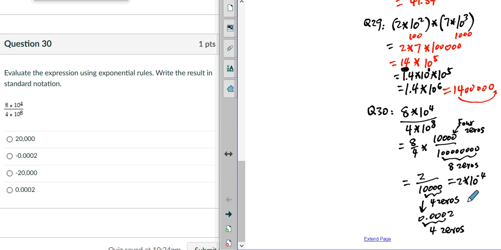Okay? And then you know this will be basically shift 4 decimal places to the left. Or this negative 4 tells you there are 4 zeros before 2, including the zero before the decimal point. Then which one? That will be the one right here. This would be our choice.